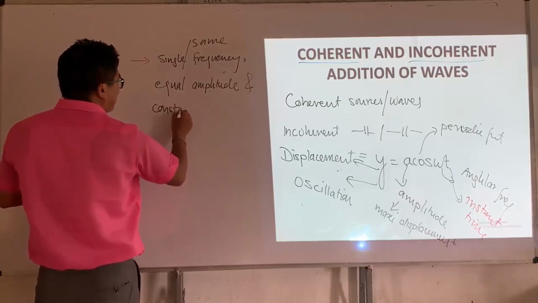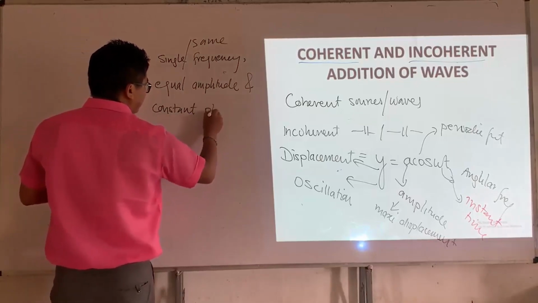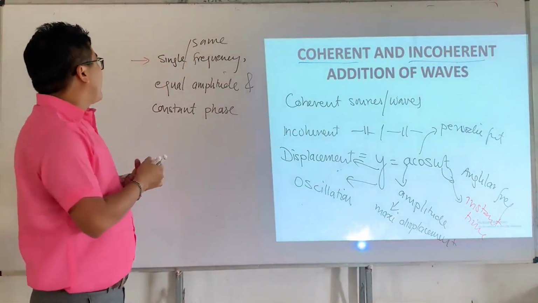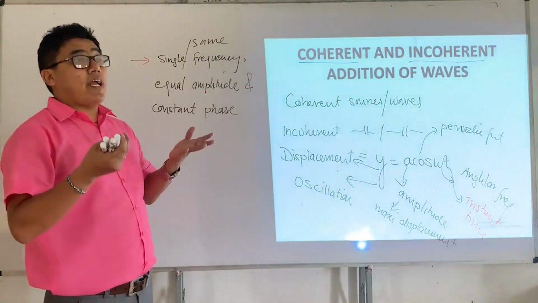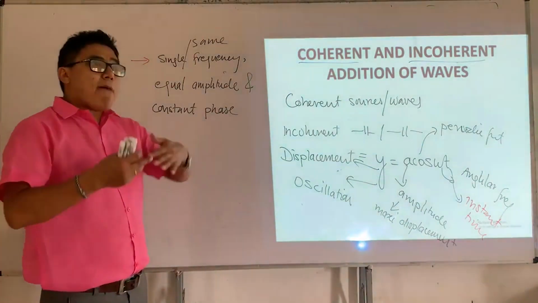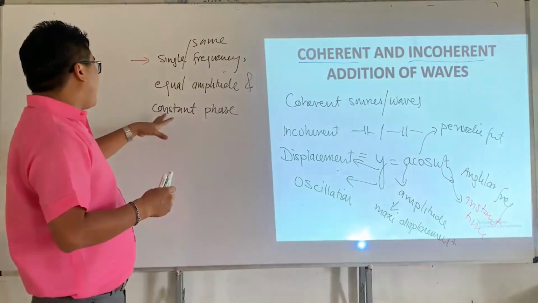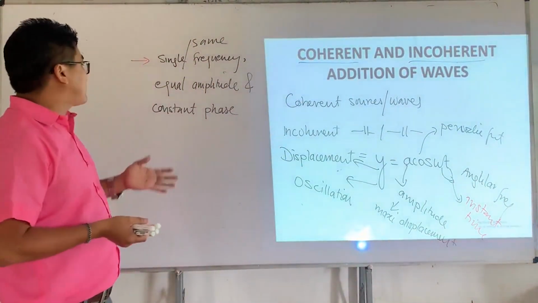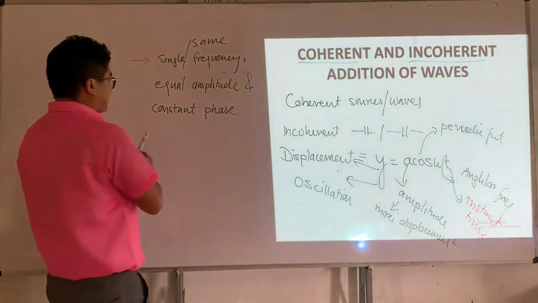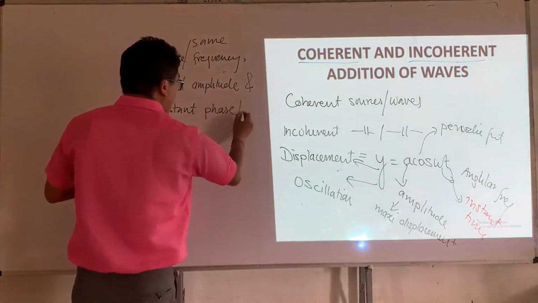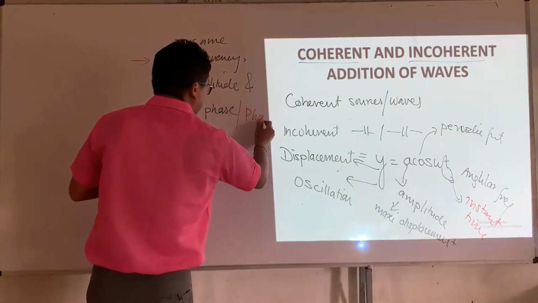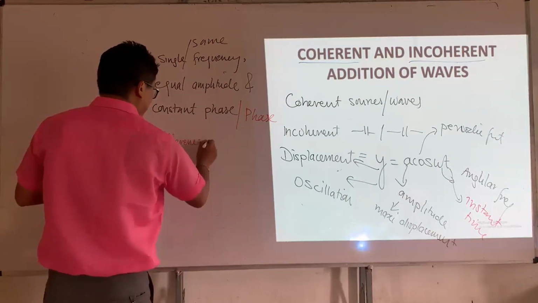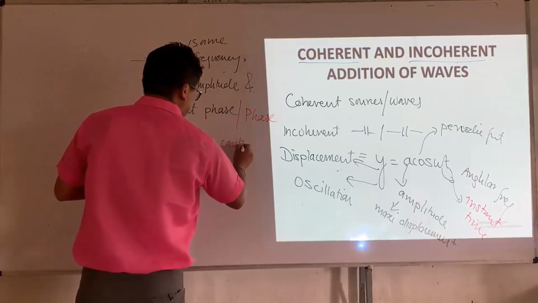These are very important terms. So two waves are coherent if the frequencies of the waves are the same, the amplitudes are equal, and the phase difference remains constant at any given time.